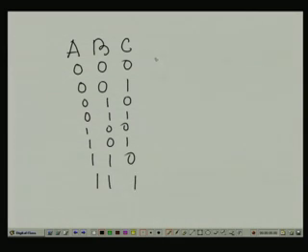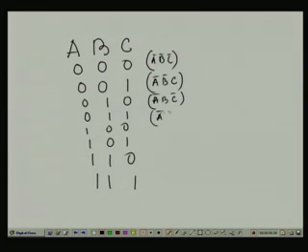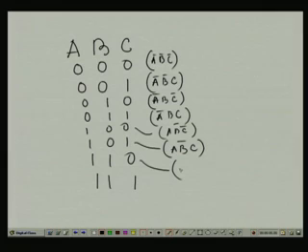What are the terms? Say this is my A bar B bar C bar. This is my A bar B bar C. This is my A bar B C bar, A bar B C, A B bar C bar. This is my A B bar C. This is my A B C bar, and this is my A B C.